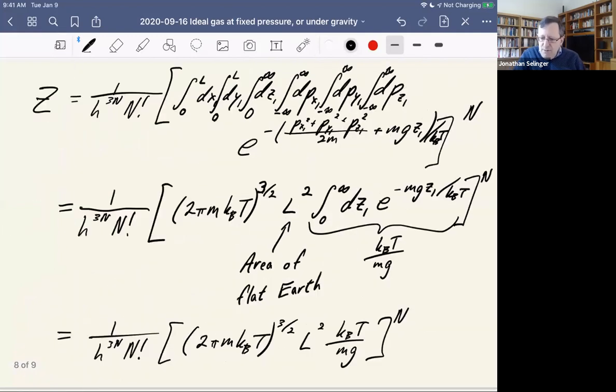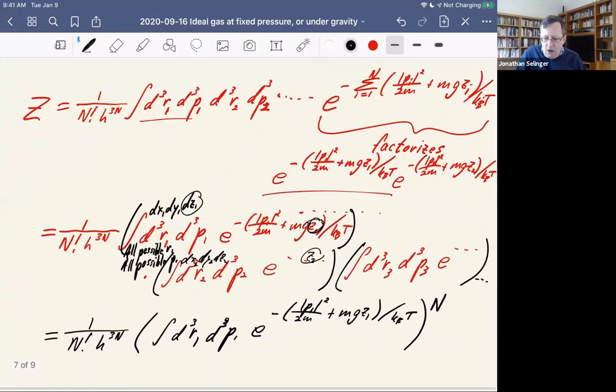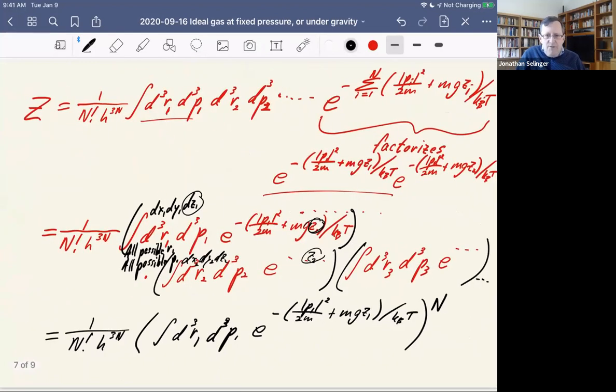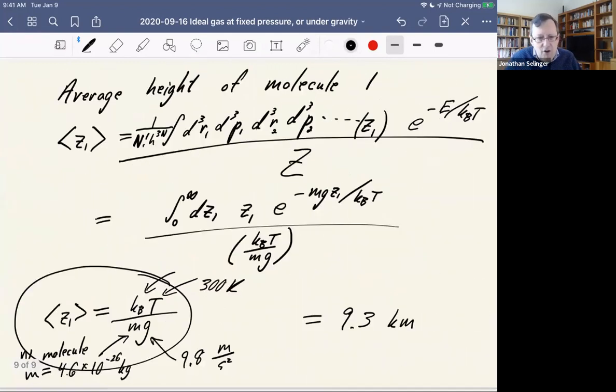Because these properties all factorize, right? When we have our partition function, it factorizes into something for each molecule multiplied together.